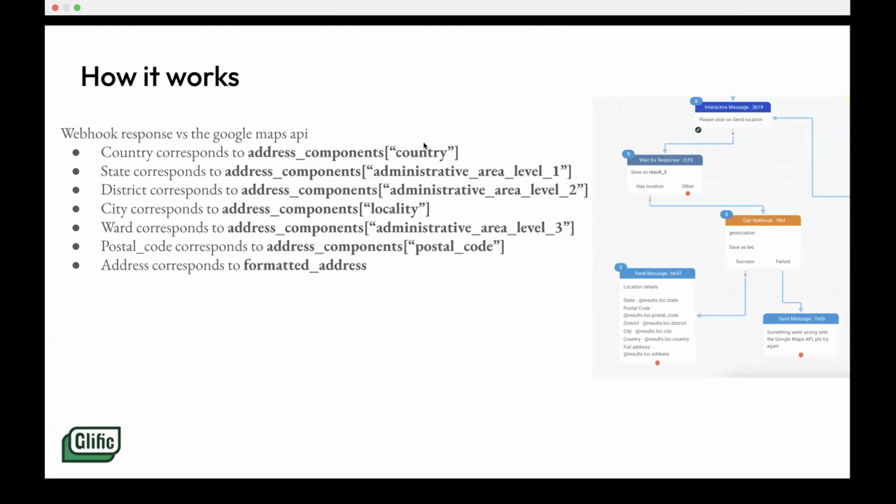Hi, quickly, Jobin. How is this different from the current Google location we are using? Are you using this in your flows? I think so. Which flow was that?